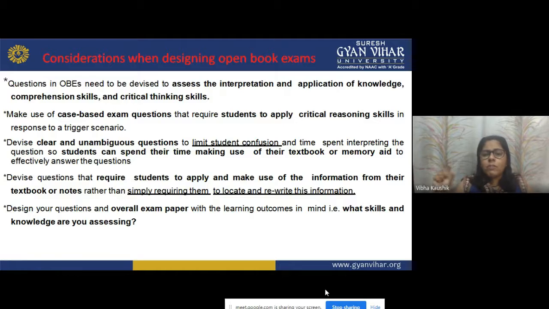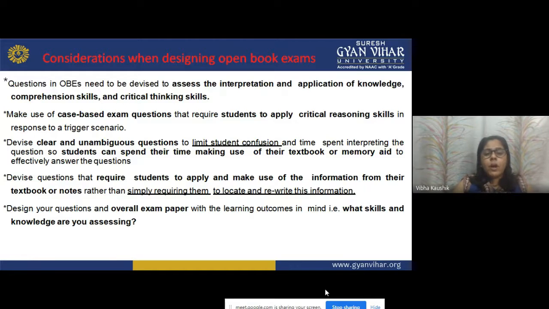The language of the questions should be clear, and the number of questions should not confuse the students. Consider also the time span for interpreting the question, so students can spend their time making use of their textbook or memory aid to effectively answer the questions.